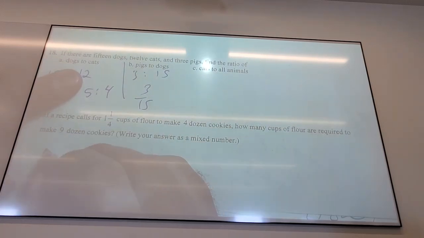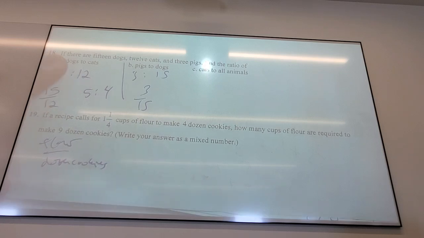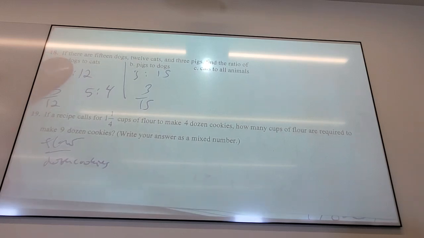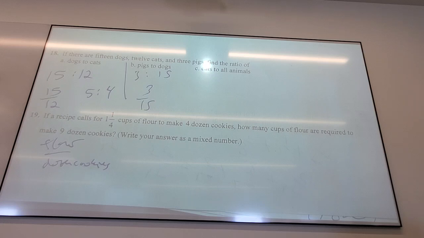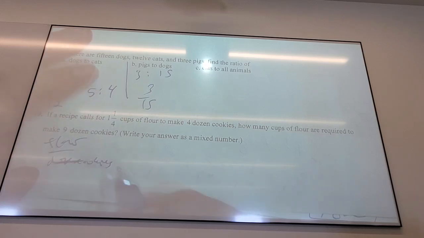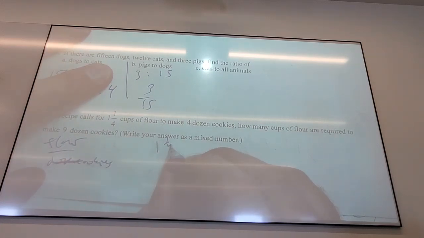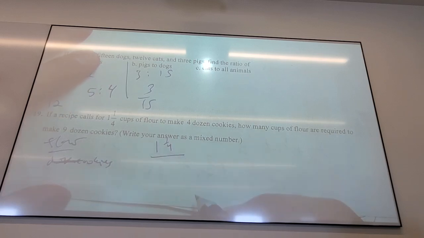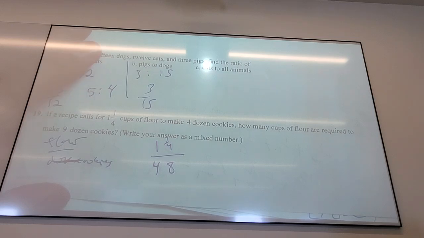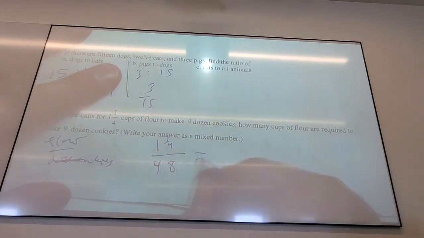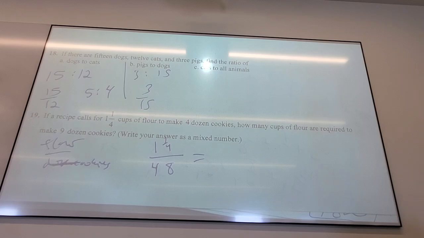So I'm going to do a proportion: flour to cookies. Flour to make 4 dozen cookies. Let's just do cookies. So 1 1/4 cups of flour makes how many cookies? 48 cookies, yes? And the question is, so I've already designated flour to cookies.